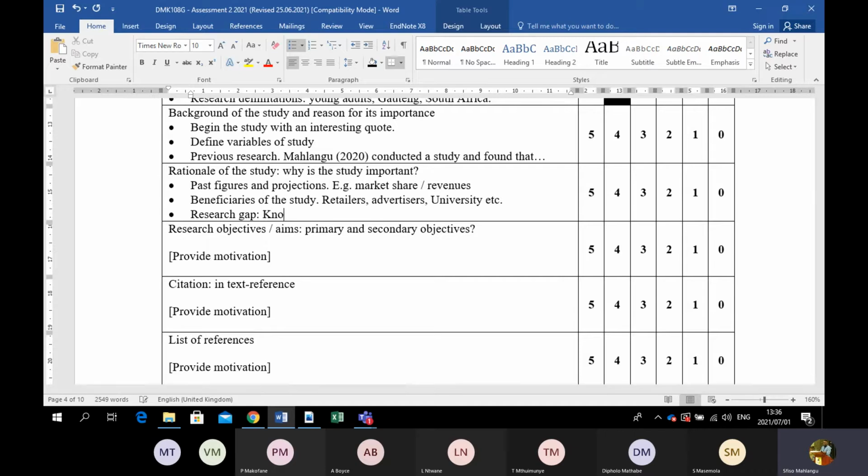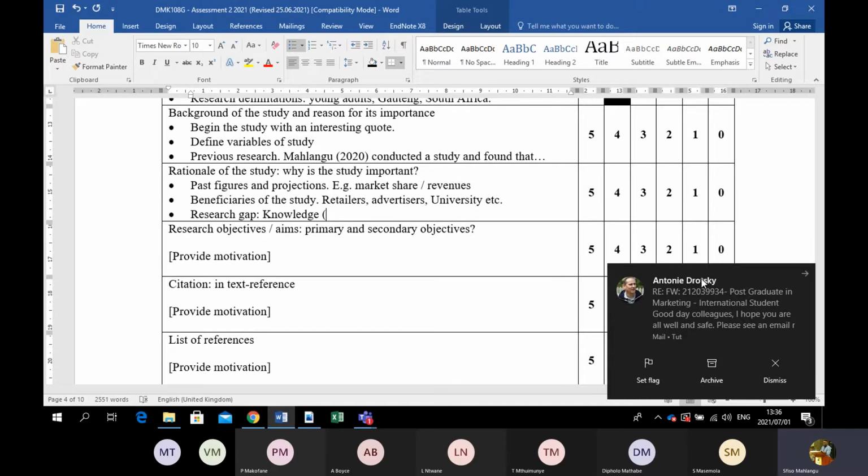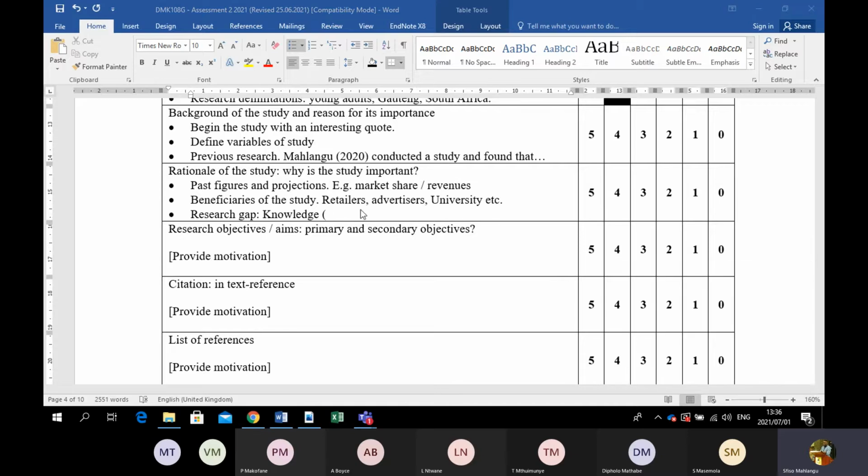For example, this could be a knowledge gap, whereby something is unknown or has not been proven before and so on. It would also be a practical gap. There are 6 gaps actually in research. So try and search research gaps. It will show you those gaps and how you write them down.